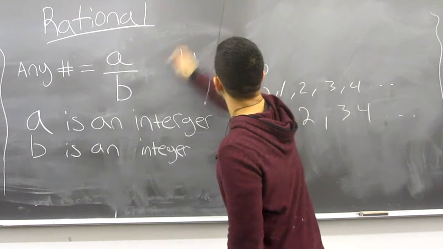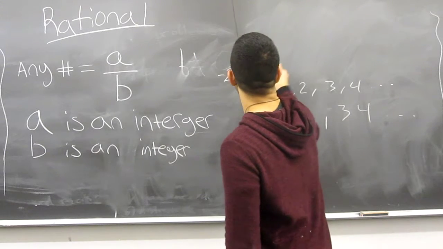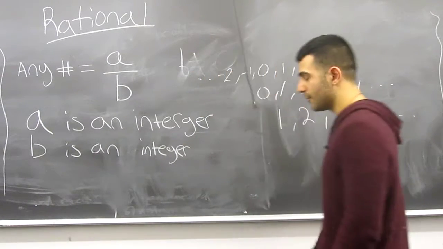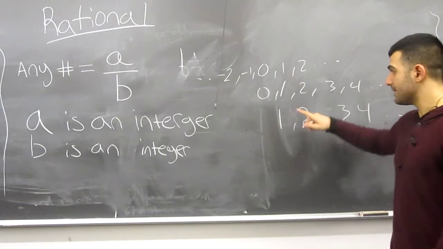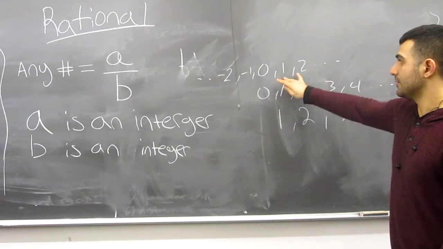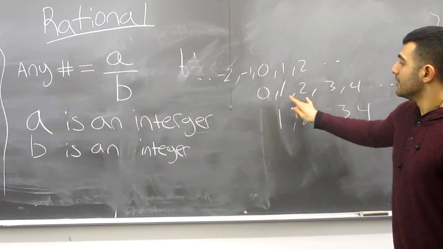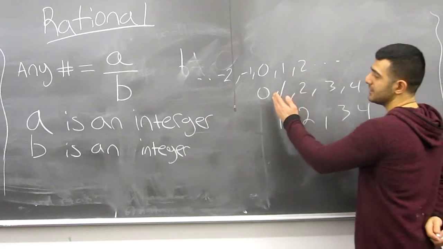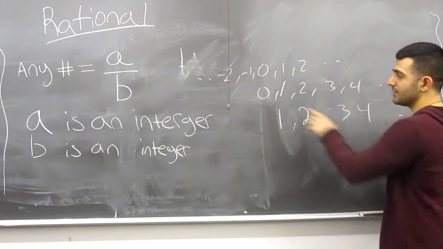Let's just repeat this. A quick recap: these are the natural, these are the whole, these are the integers. The natural numbers are contained in the whole numbers because the whole numbers are basically the natural numbers with 0.